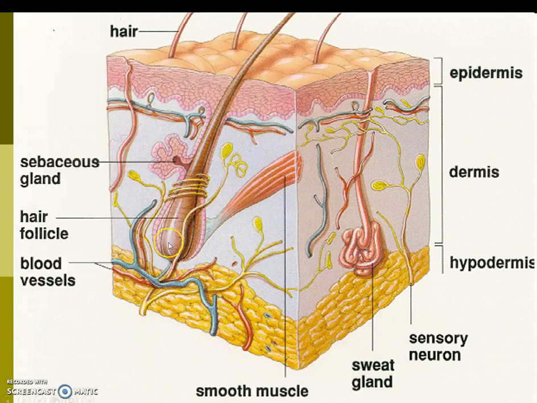And of course we have the hair follicle, sebaceous glands, which we've talked about already when we were talking about how the skin is the first line of defense, and sweat glands. Again, same thing. Sweat and oil all help to prevent bacterial growth on the skin, which is very important to keeping the skin healthy and not getting infections.